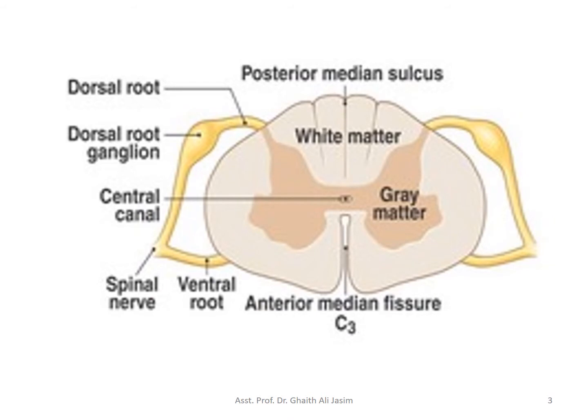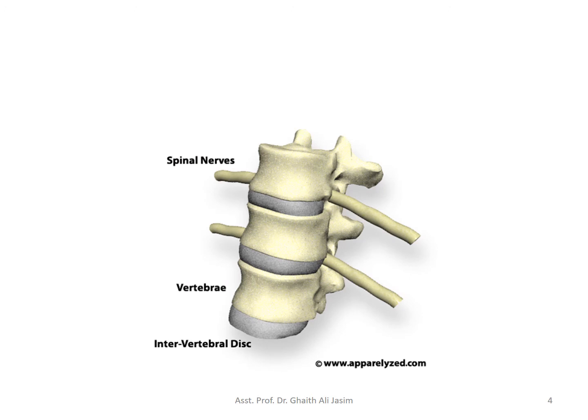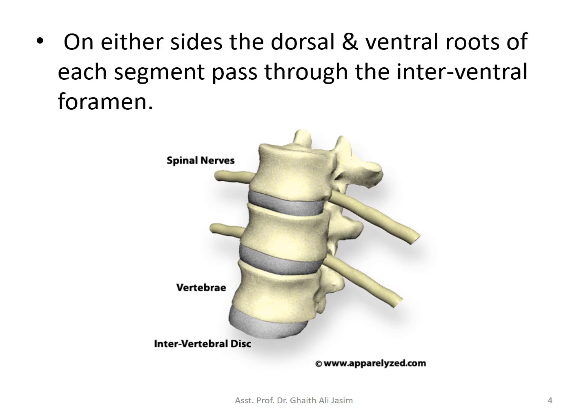So we can see from this illustration there are two dorsal roots and dorsal root ganglia, and also two ventral roots from the spinal cord. On either side, the dorsal and ventral roots of each spinal segment pass through the intervertebral foramen.